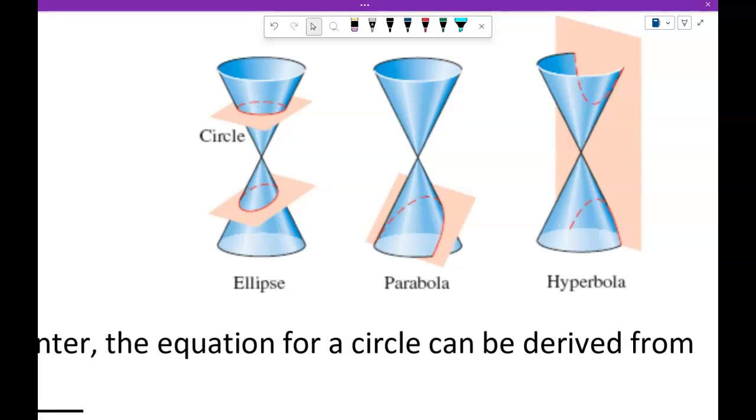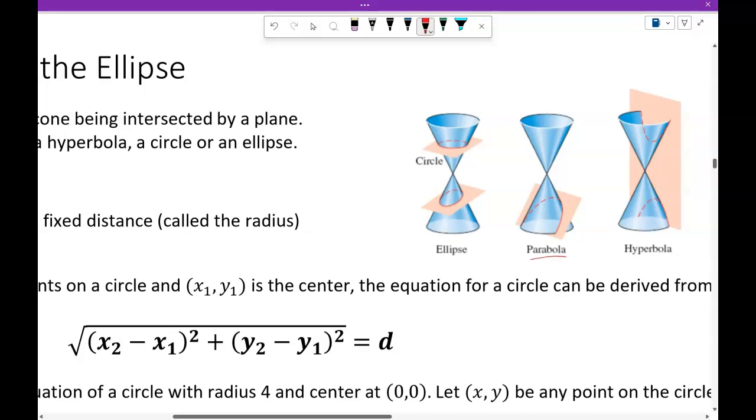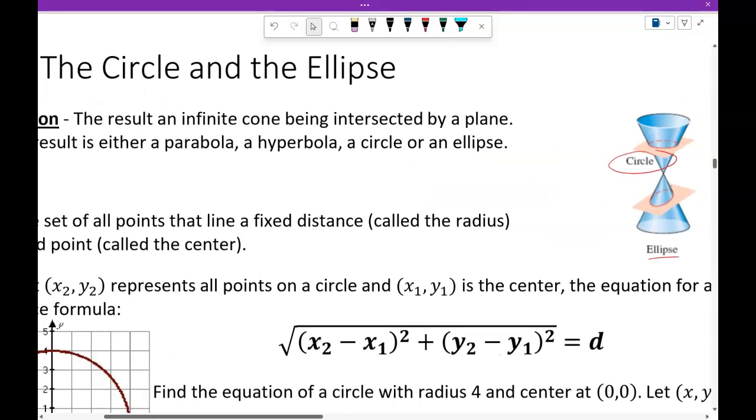And if we keep rotating that plane until it intersects both ends of the cone, that's where we get our hyperbola shape, which is two parabolas on the same plane in opposite directions. And so those are our four conic sections. We've already covered the parabola, and next we're going to do the circle, followed by the ellipse.